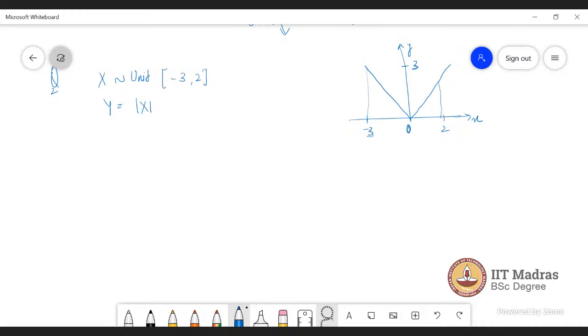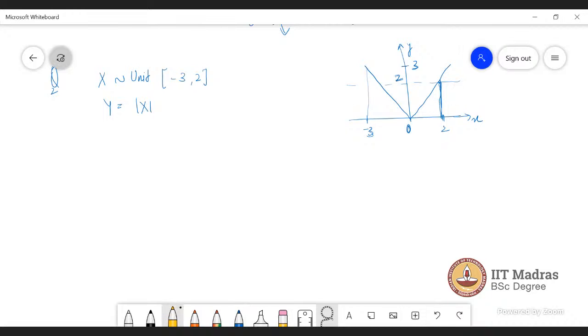So as you can see that at x equals -2, your y is going to be 2. But beyond x equals 2, your y is not taking any value, right? Like if you take x equals 3, your y is again 0. So you will have to split into two parts. Like now, if you take any y between 0 to 2, let's say you take any y here.